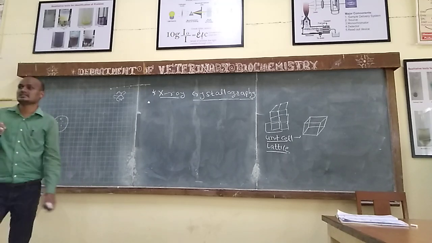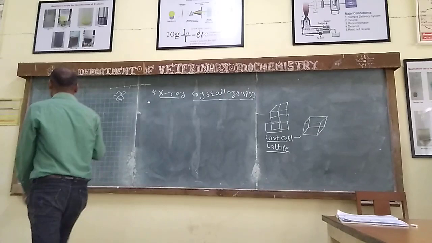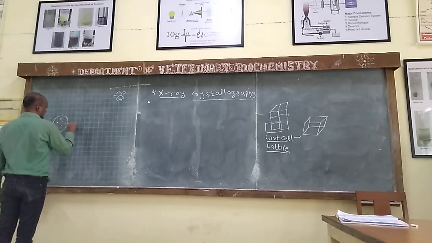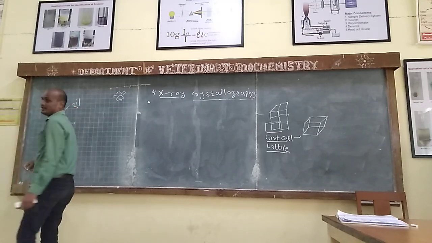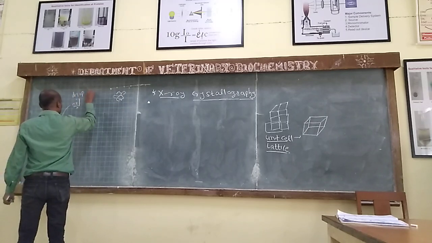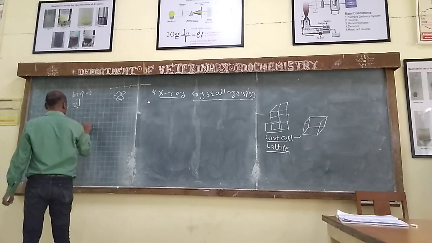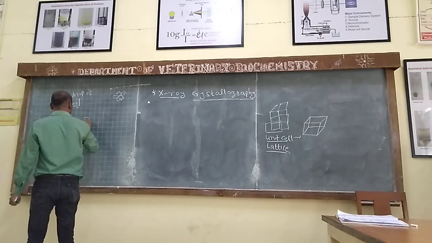How to select the crystals? If you have crystals like this, you put a drop of oil here. Now all these structures will come here together.